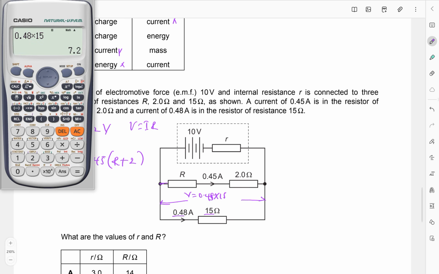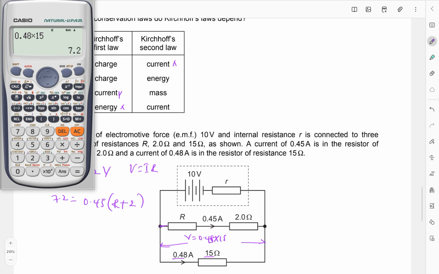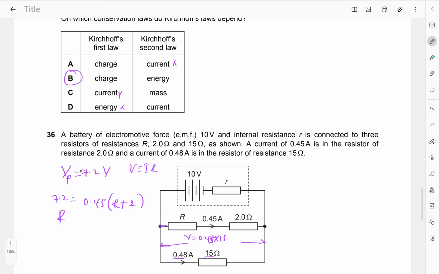So I can get capital R. Capital R is simply going to be 7.2 divided by 0.45, then I subtract 2, which is 14. So capital R is 14 ohms. Now I'm remaining with small r.